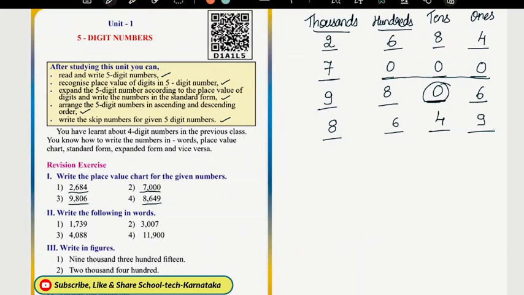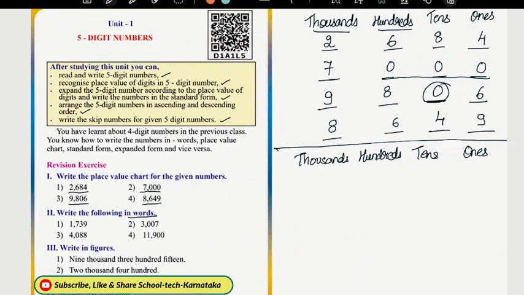Now the second given exercise is to write the following in words. Okay, for words, ones, tens, hundreds and thousands. For the first example, let's try to write this number in our place value chart. At ones we have 9, 3, 7, 1.